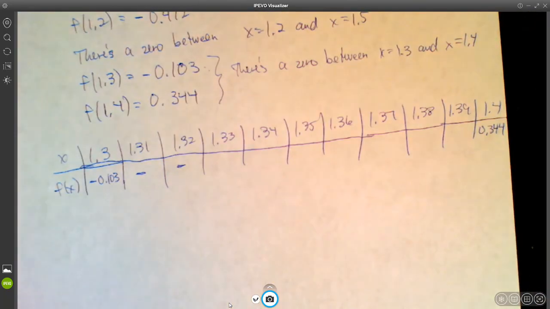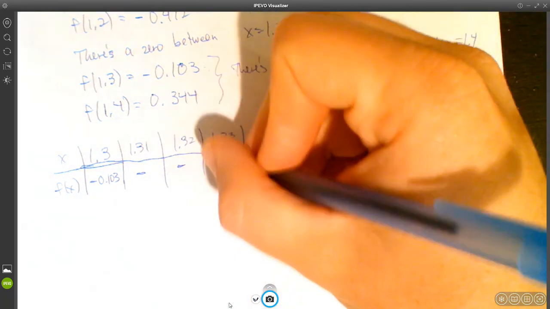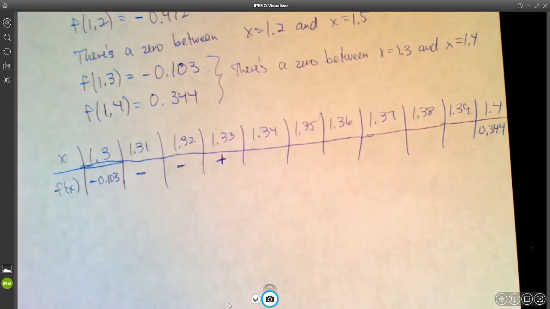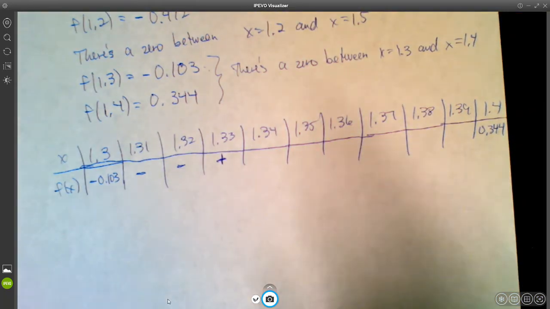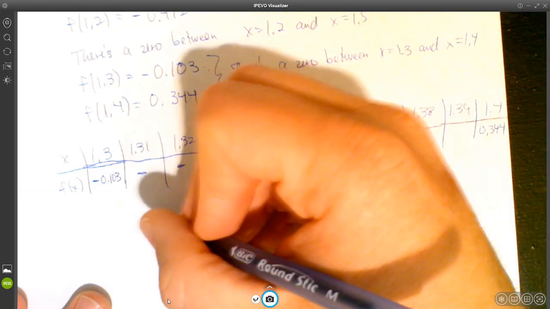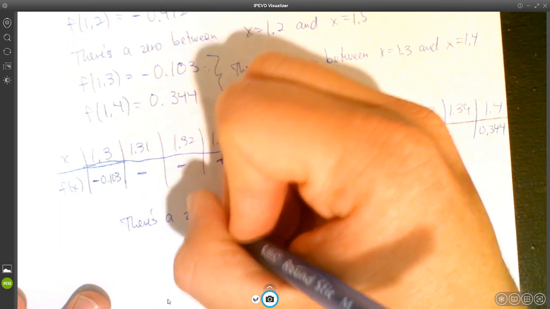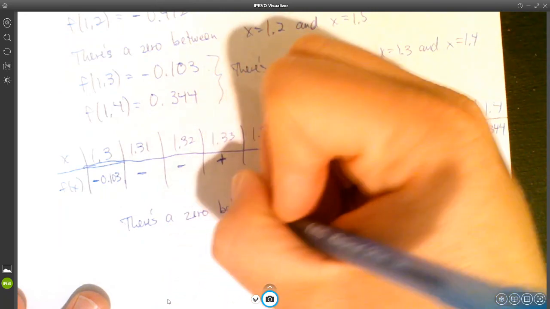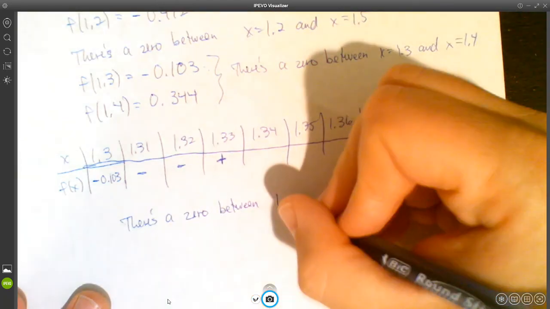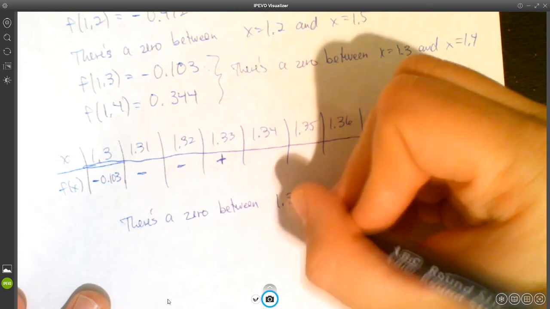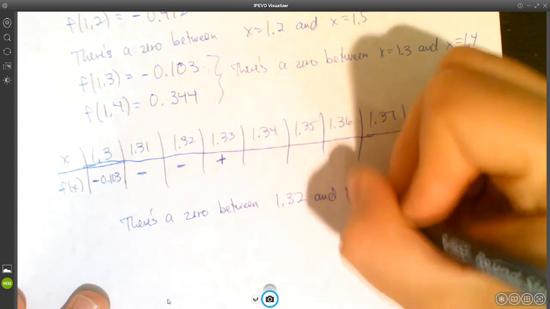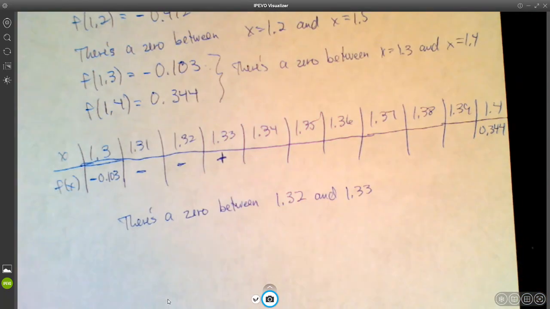I'm going to put in 1.33. Positive. There we go. So there's a 0 between 1.32 and 1.33.